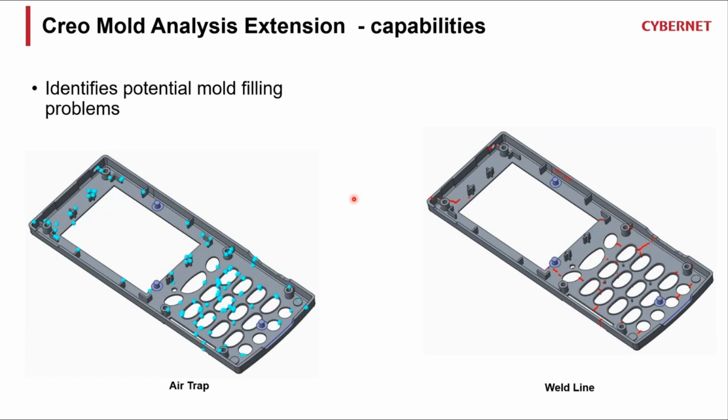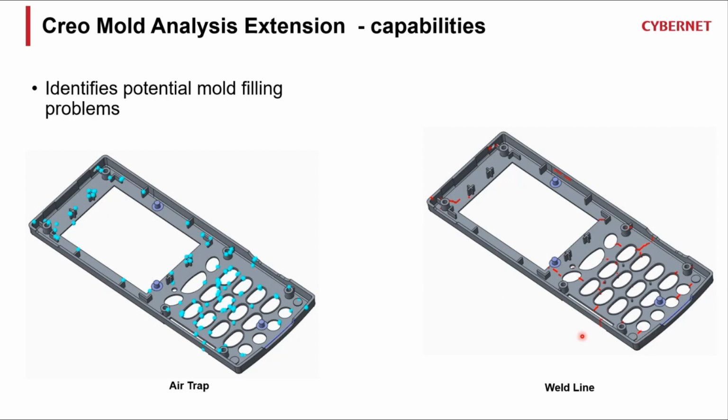And these are the problems that we are going to identify, because we want to eliminate them before manufacturing. From here you can see the air trap found by the Creo Mold Analysis, and on the right-hand side is the weld line.